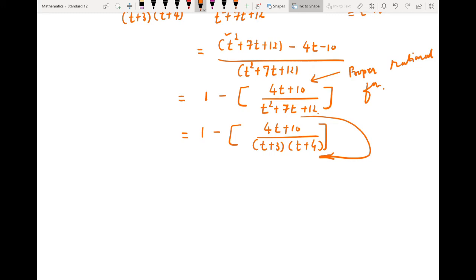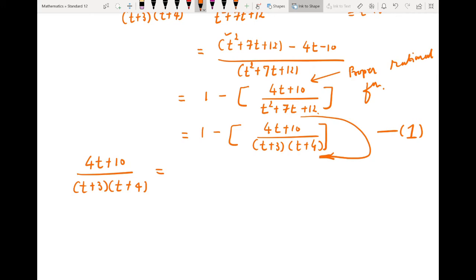Now call this result number 1. Now 4t plus 10 upon t plus 3, t plus 4. So we use method of partial fraction.